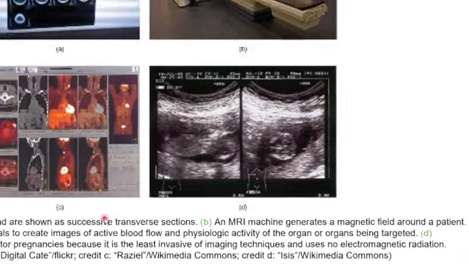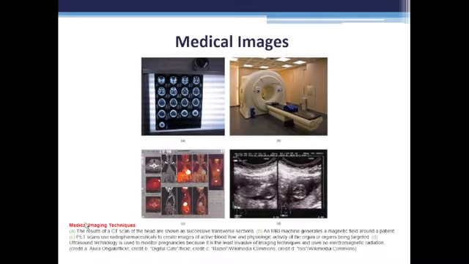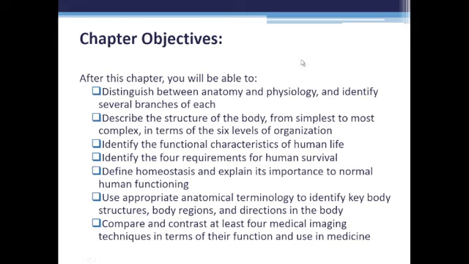Since we have ended the chapter, let's review the chapter objectives. We know what anatomy and physiology are, and we identified the several branches of each.